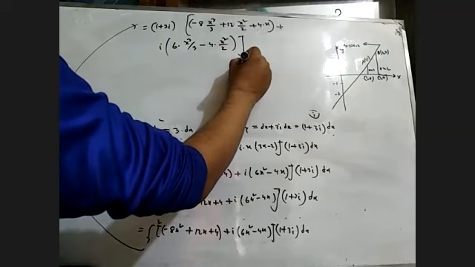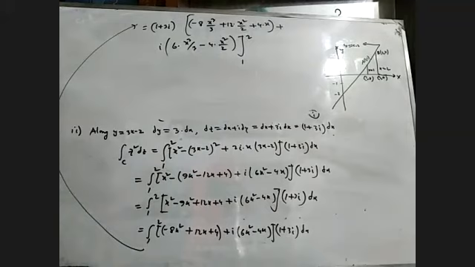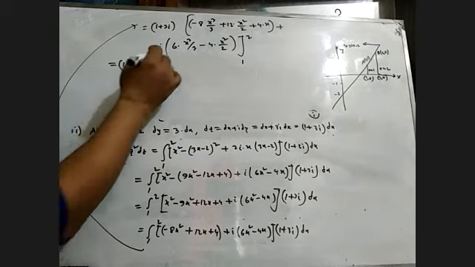Limit will be what? 1 to 2. Understand everybody? This equals to 1 plus 3i.